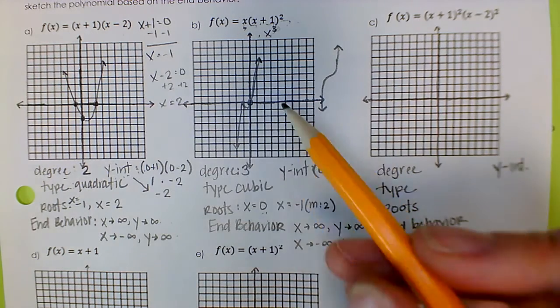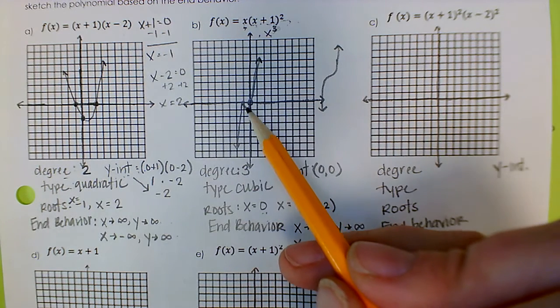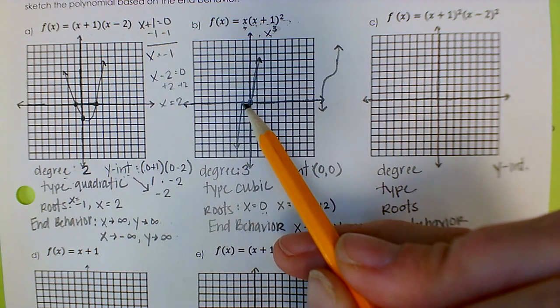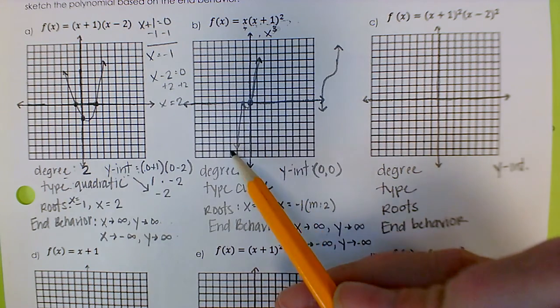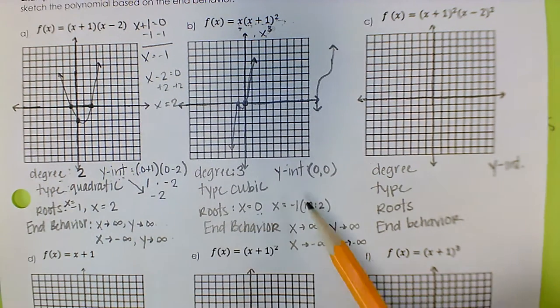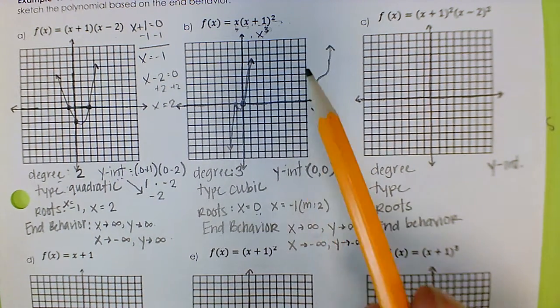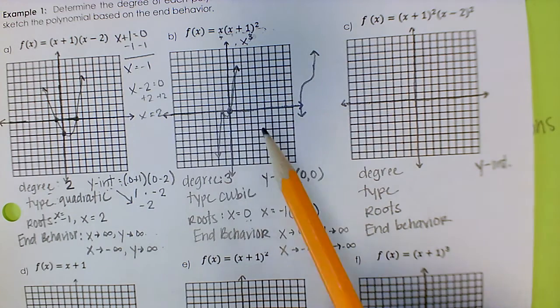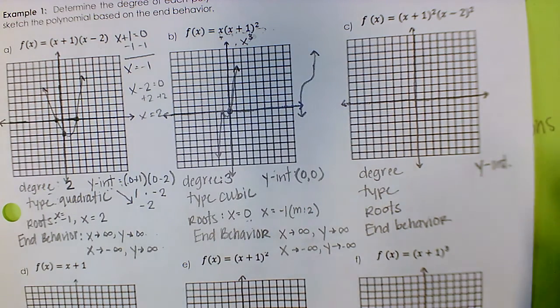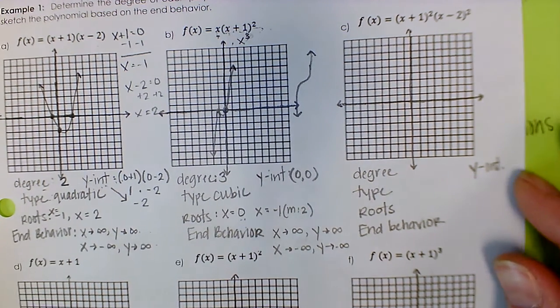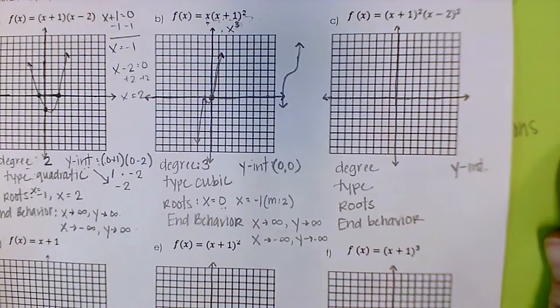It's kind of weird to see how exactly to graph them, but you know you've got to come through 0, 0 and then bounce back off of that real quick. So that's kind of where that comes from, because the multiplicity of 2, the squared up here, tells us that's happening twice, so we have to bounce off of it. Anytime we have a multiplicity of 2, we bounce. Okay? So let's look at the next one.